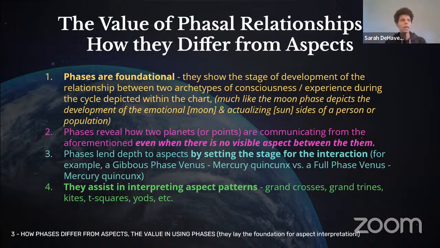Because on one hand, yeah, a grand cross does speak to an impetus for growth and this type of thing. Definitely character building through adversity, we could say. We can take it even deeper and really understand why and what's going on there, using phases as an assistant in our work as astrologers.